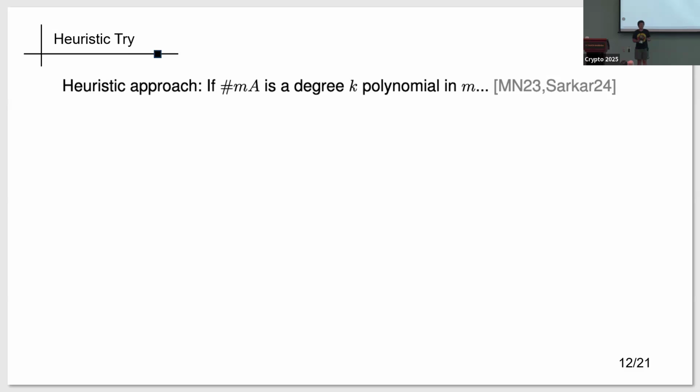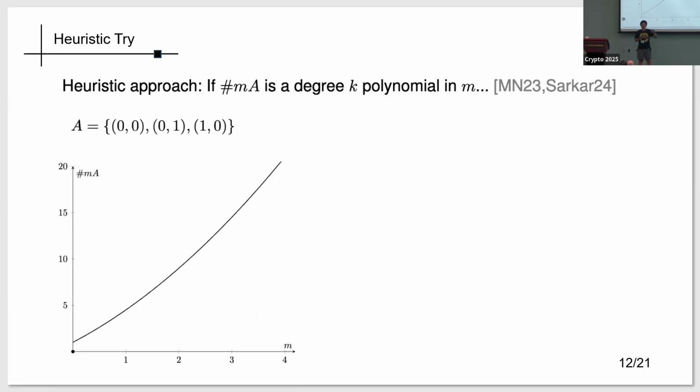Their heuristic is that the size of mA is a polynomial in m with degree k. So it should be easier to compute the limit. We can use a computer, or a personal laptop, to compute the size of mA for small m, and then use Lagrange interpolation.